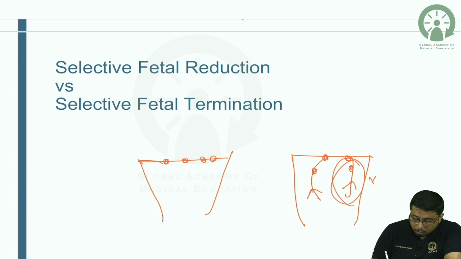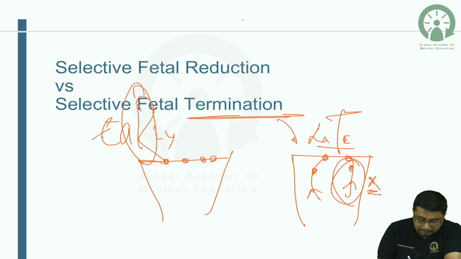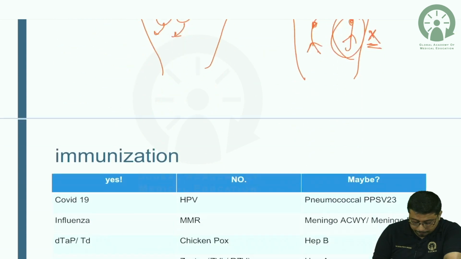So I want to knock out this one, right? So I can do that. That is known as selective fetal termination, which is done late. Whereas if we do it early, then that is selective fetal reduction. So after 13 weeks, I knock off these two.